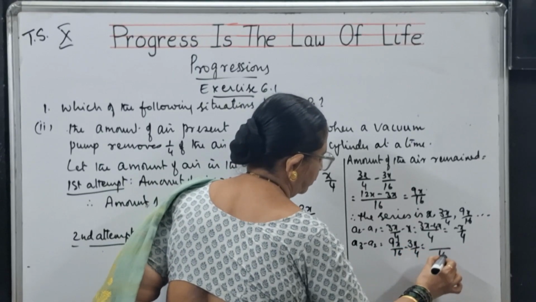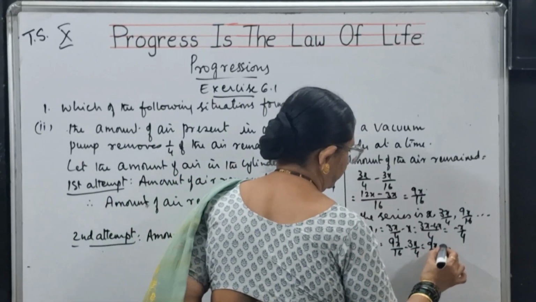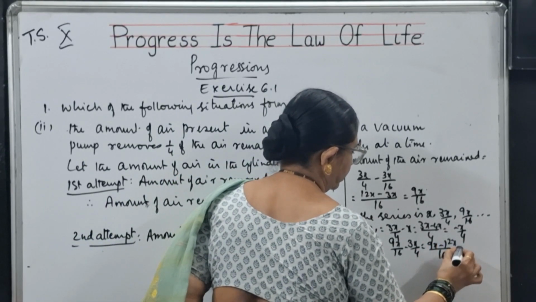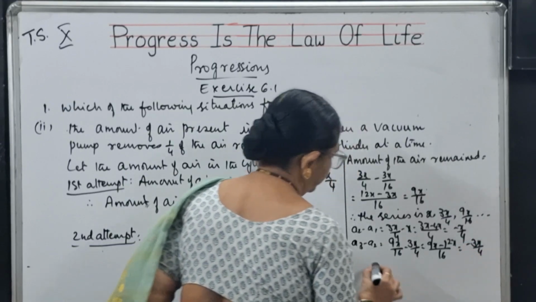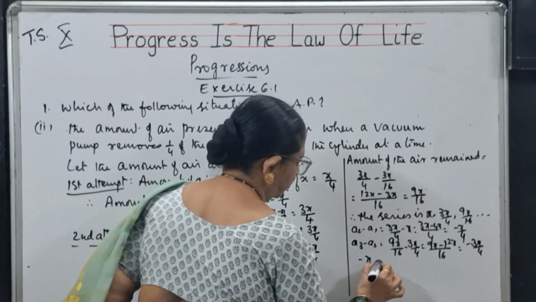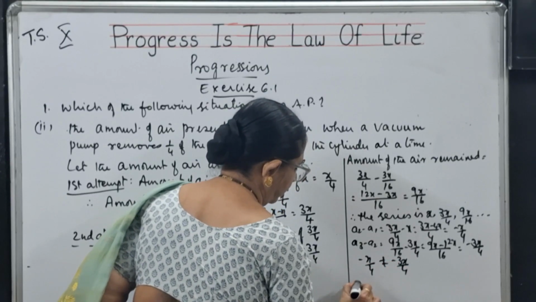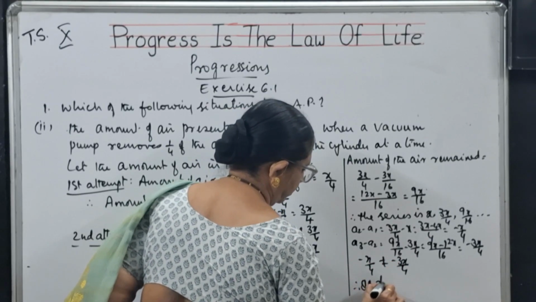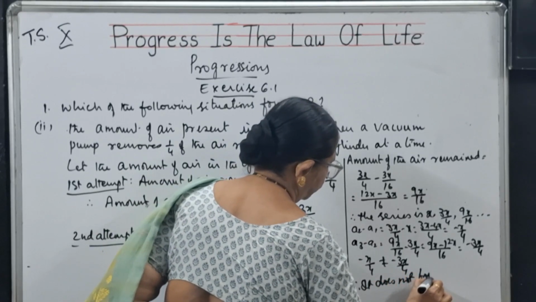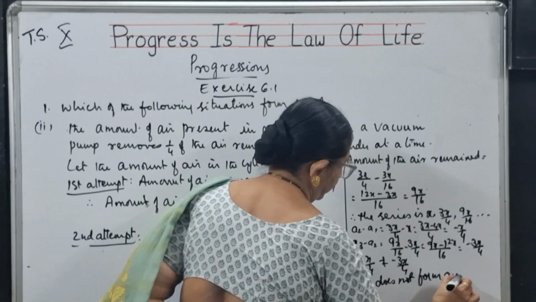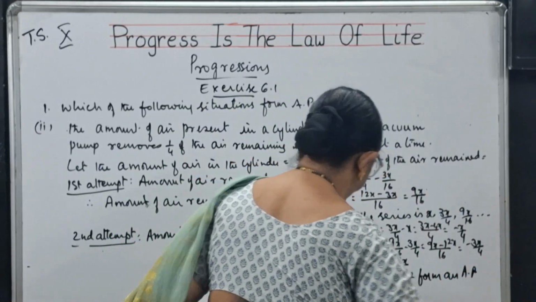So LCM is 16. 9x minus 4 4s are 16, 4 3s are 12x, that is minus 3x by 4. So minus x by 4 is not equal to minus 3x by 4. Therefore, it does not form an AP. It will not form an AP, children.